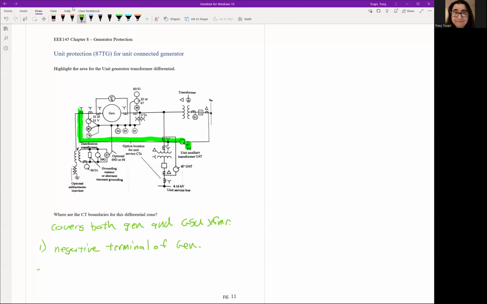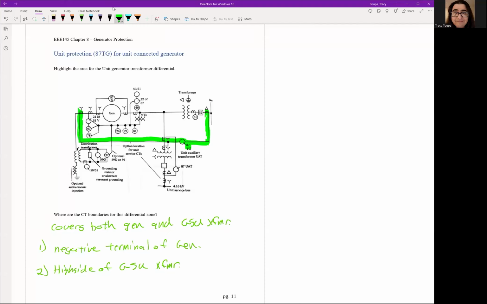The other side we're going to have is the high side of the GSU transformer. So this is where the current's expected to go out on the system. So we need to make sure we can cover this and see all the current flowing out of the GSU onto the power grid.